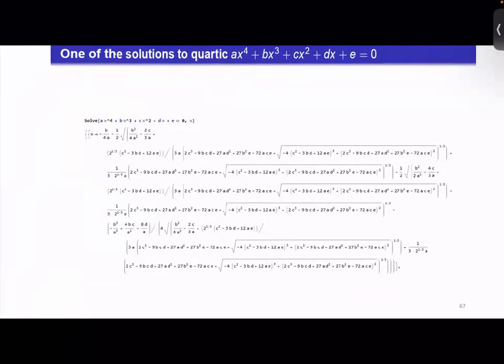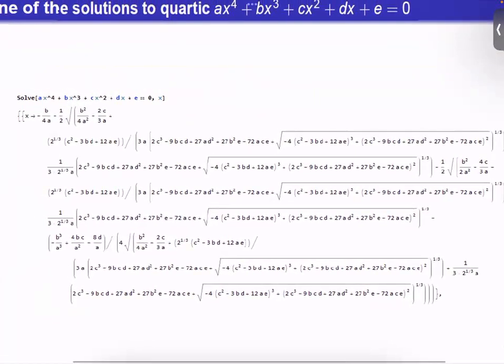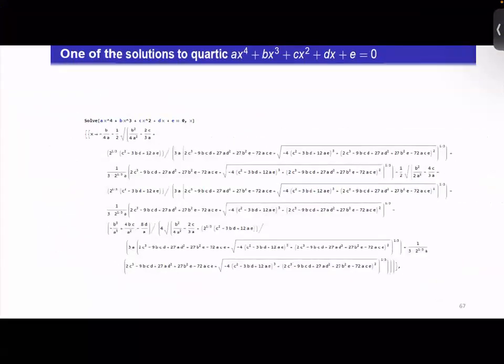And now, for the quartic, I can kill the cubic term. So I could assume if I wanted to that a equals 1 and b equals 0, but you can see things are becoming a mess already. This is the solution. I'll just zoom in a little bit. This is just one of the 4 roots. But we do have explicit formulas.